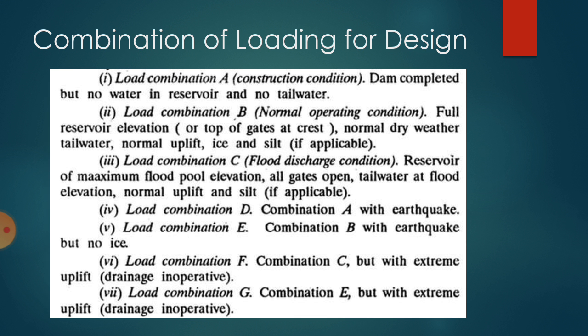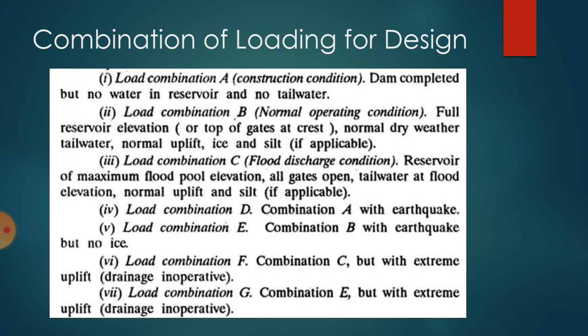calculated. The third combination is load combination C for flood discharge condition. So reservoir at maximum flood pool elevation, all gates open, tailwater at the flood elevation, normal uplift pressure and silt pressure that can be calculated.